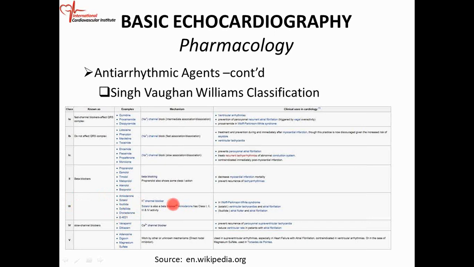So these medications we'll use in Wolff-Parkinson-White syndrome, atrial fibrillation, not only for suppressing the ventricular response, but to convert these patients back to sinus rhythm. So atrial fibrillation, atrial flutter.